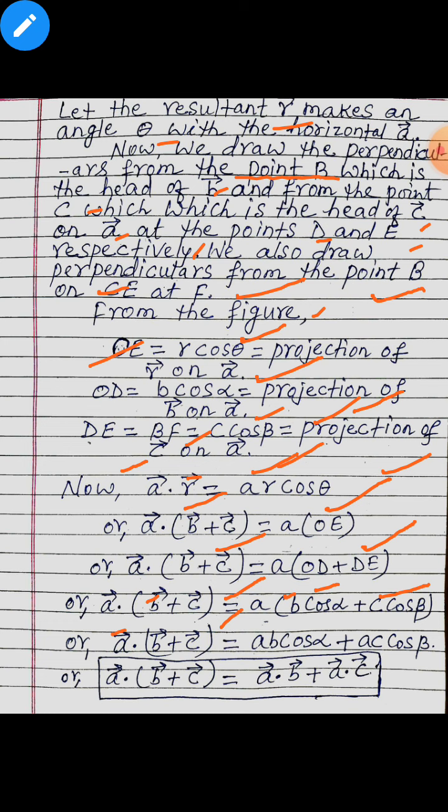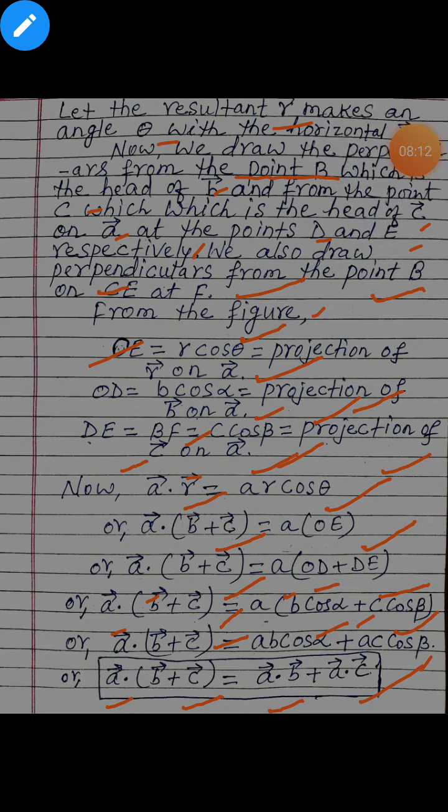This OD can be written as B cos alpha, and DE can be written as C cos beta. Or A vector dot B vector plus C vector equals AB cos alpha plus AC cos beta, or A vector dot B vector plus C vector equals A vector dot B vector plus A vector dot C vector.